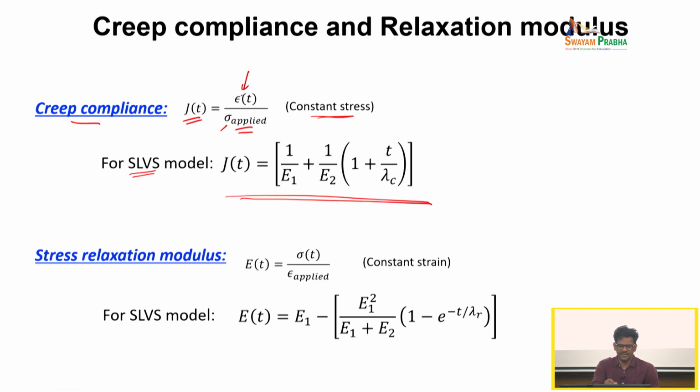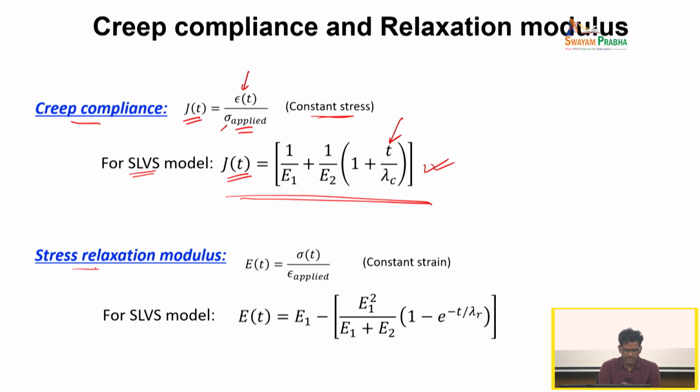We first substitute for epsilon of t from the creep response, divide by the applied stress. The applied stress is sigma naught here. So, you get creep compliance estimated by this. You can see that this is a quantity that changes with respect to time. So, creep compliance is not a constant, it captures the dynamical evolution of strain for a constant stress applied.